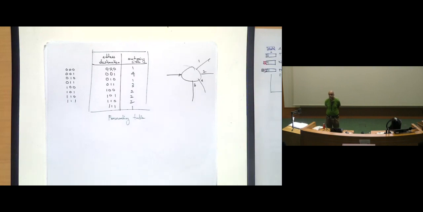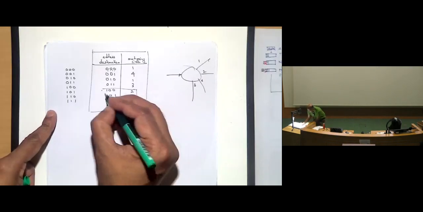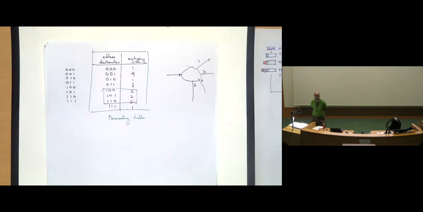Okay, so what's the question then? My question is that for each different address destination, they don't go to a unique output link. They can go to the same link. For example, these three, they all go to the same output link.